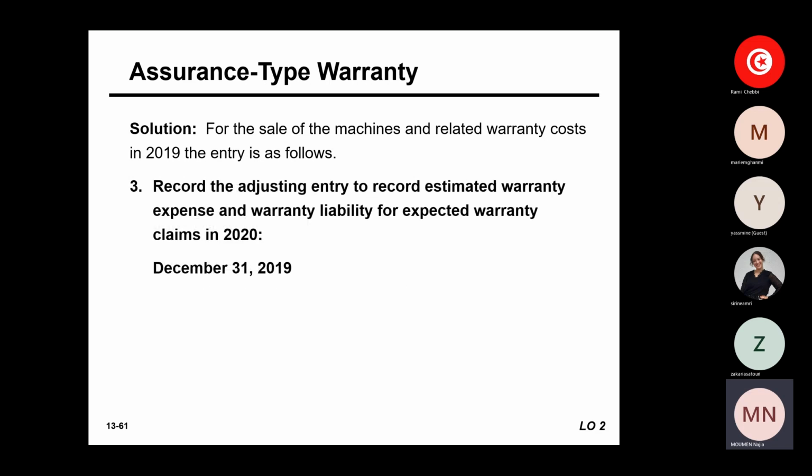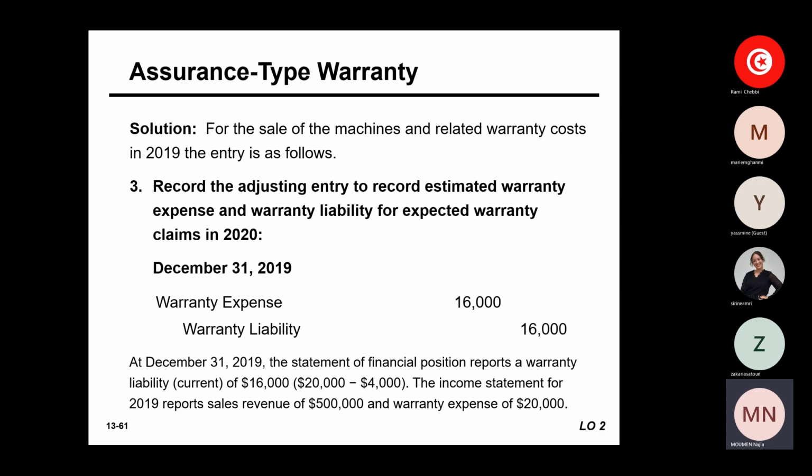At the same time here, you'll have what? You have remaining expected warranty claims in 2020, so you'll make adjusting entries for this expected warranty in 2020. So the expectation is about 16,000, so I have to debit warranty expense and credit warranty liability for 16,000 here. It's the 16,000 remaining from the 20,000.